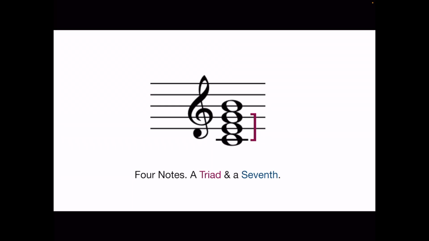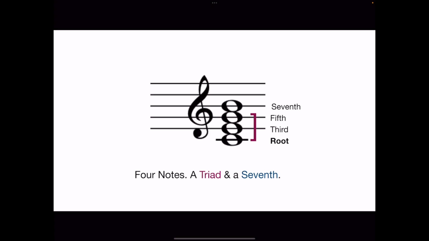So make sure that when you're doing your assignments, there's still these perfectly stacked pancakes. So you want to make sure that all of the notes are on the line or in the space. So we don't want any floating pancakes or any squished pancakes. And if you don't know what I'm talking about, please go back to my previous lecture on triads and you will see what I mean.